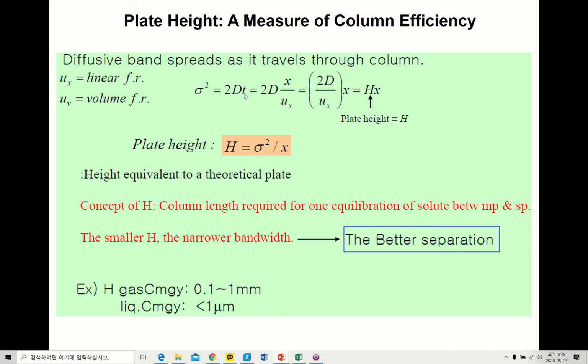Time is distance divided by flow rate, and it is given by this one: 2Dx divided by Ux, and now 2D divided by Ux, which we denote by large H, we call it plate height. But actually, what's the concept of plate height?